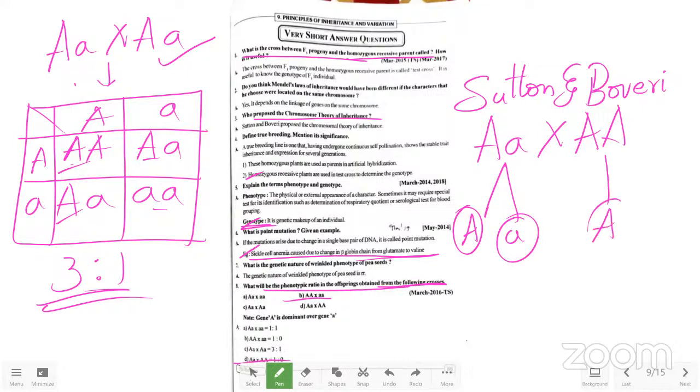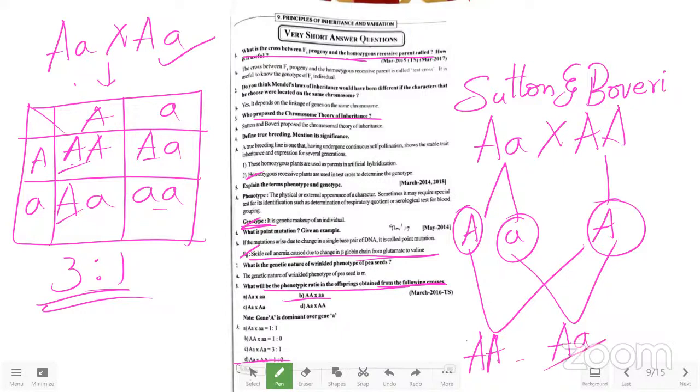Here, only capital A. All are capitals, all are dominant. Capital A capital A, capital A small a. That means all are dominant. Okay, that is 1:0 ratio, what we can say.